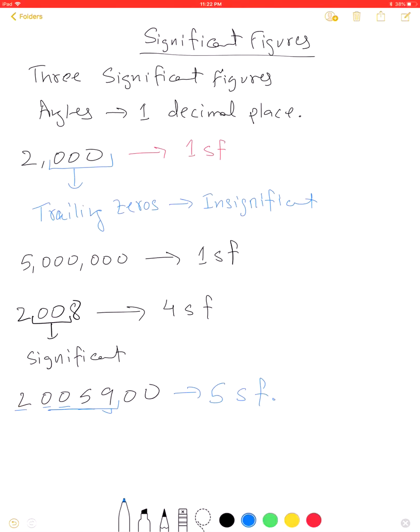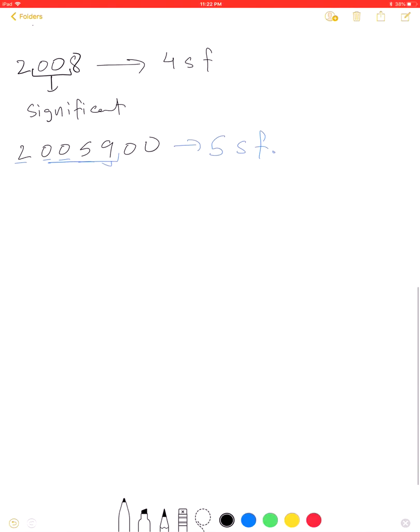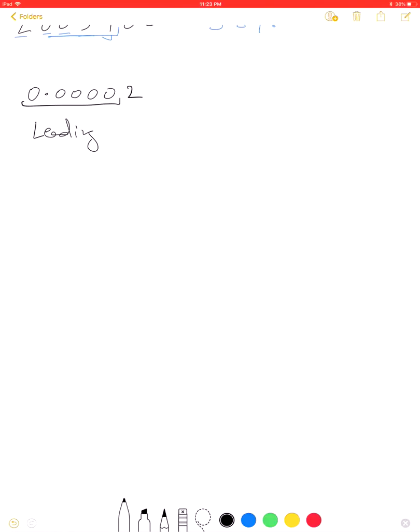Now, when it comes to decimals, it's slightly different than non-decimals. Let's say you have a number like 0.00002. Now, these zeros are to be called leading zeros. The zeros that come first are considered leading zeros, and the zeros that come right after a non-zero number are considered trailing zeros.